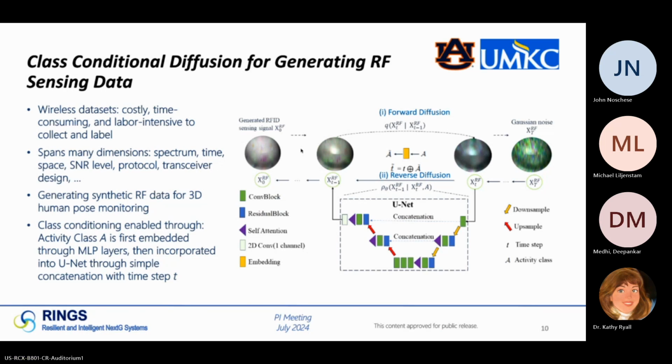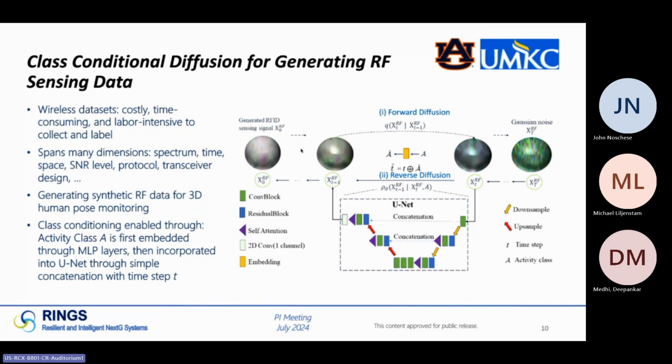And the idea is to use this stable diffusion model, a very recent machine learning model. It includes two loops. The first is forward diffusion. Starting from a valid wireless signal, by adding noise step by step, we destroy the signal into Gaussian noise.